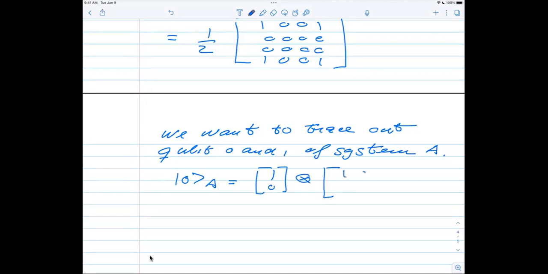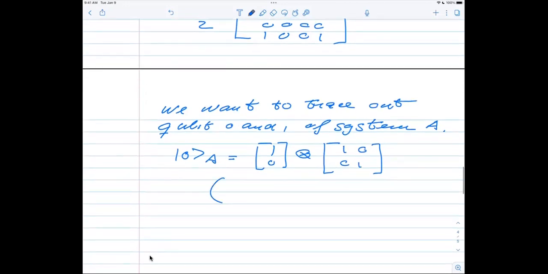So we have 1, 0, 0, 1. And this is the same as what we wrote out as this operation with the identity matrix here for system A.